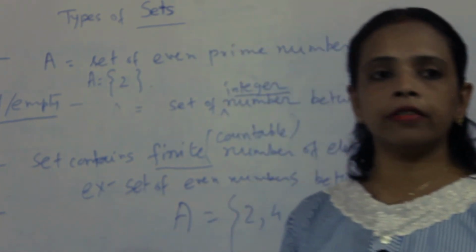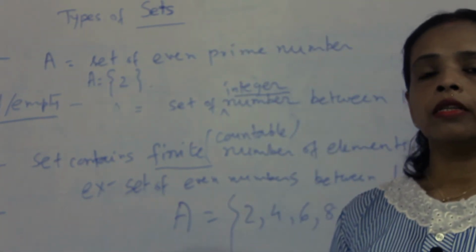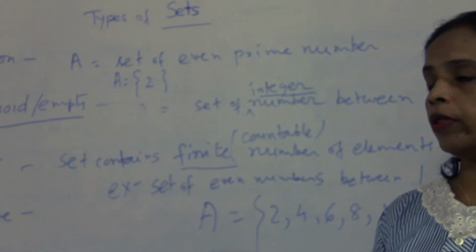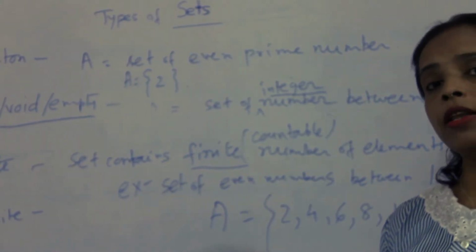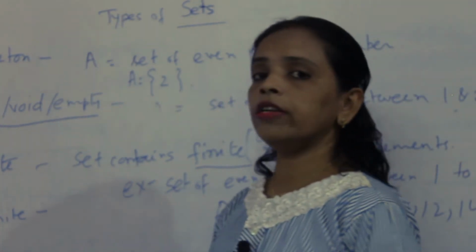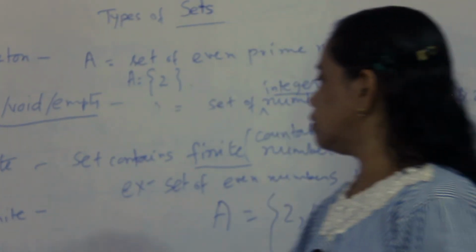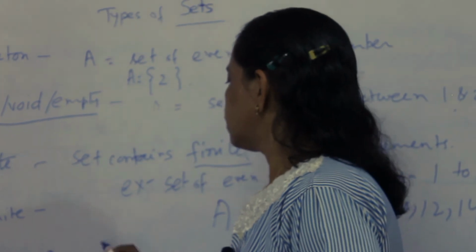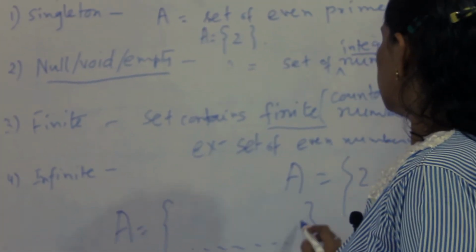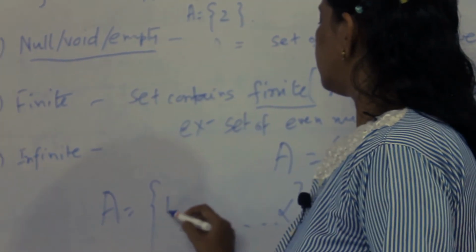Now next I am explaining about the infinite set. What is an infinite set? A set that contains an uncountable number of elements is called an infinite set. Suppose this is a set containing infinite numbers, for example the set of natural numbers.